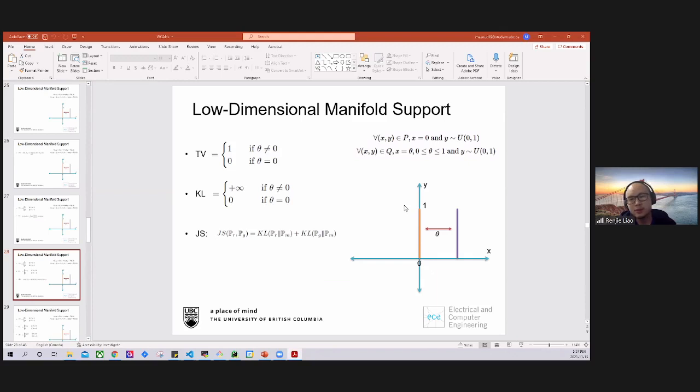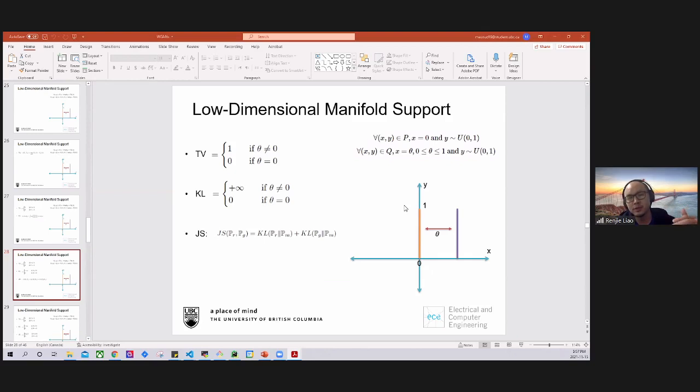Actually, this is a trick which is recently heavily used by score-based models, and we'll cover that in a later talk, where they add noise to the image and anneal the variance of the noise. By annealing, I mean in the beginning I add a lot of noise to the image.